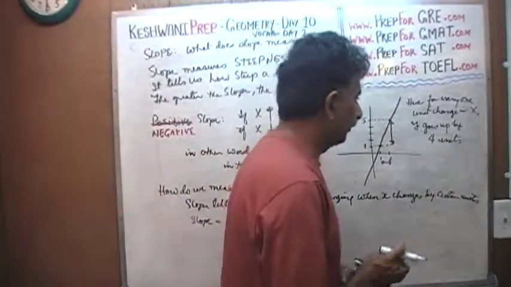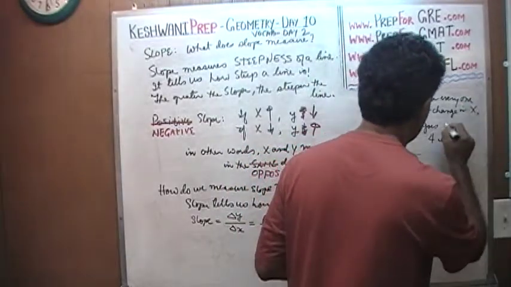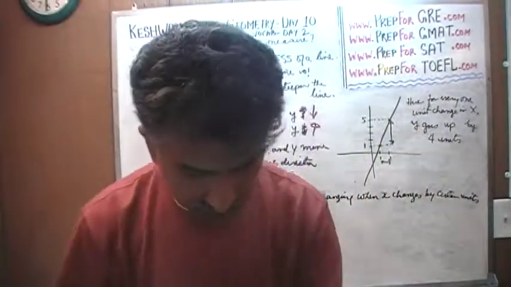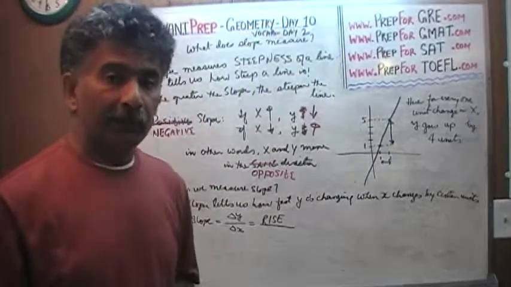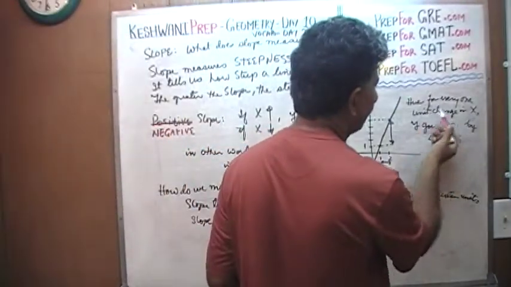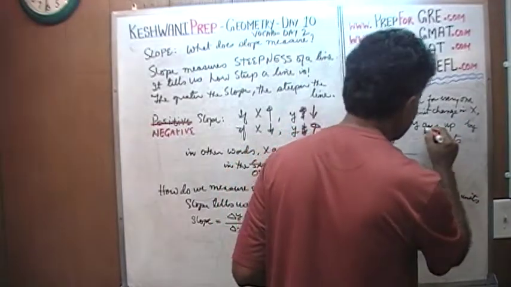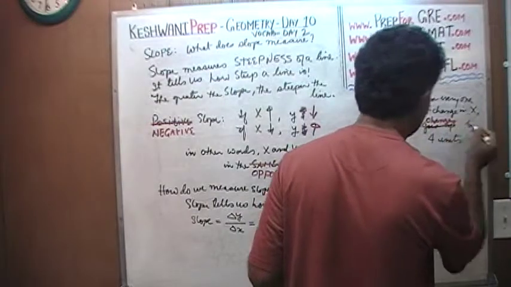I should change the word from "goes up by" so you can see the editing. That is true, but a better way would be to say that for every one unit change in x, y changes by 4 units.